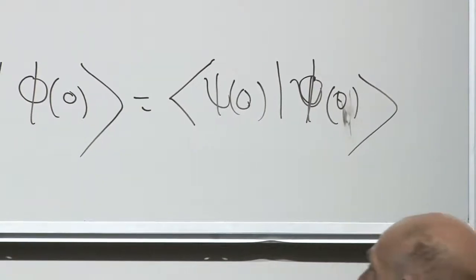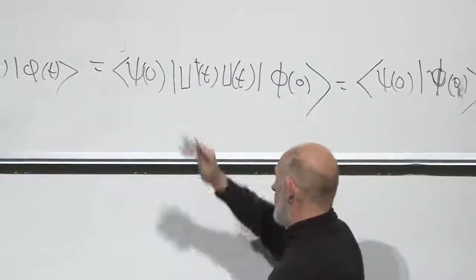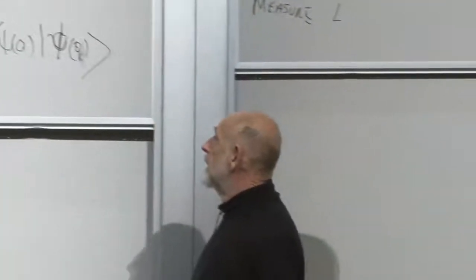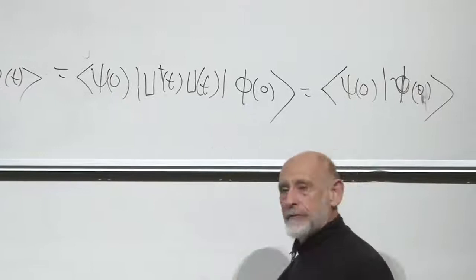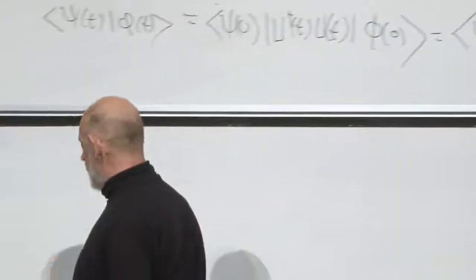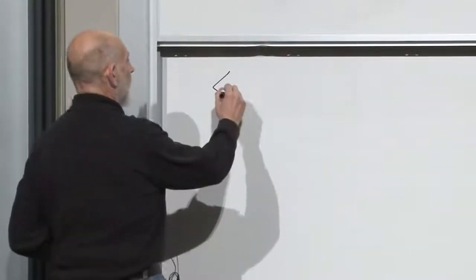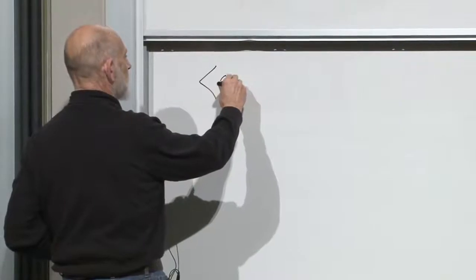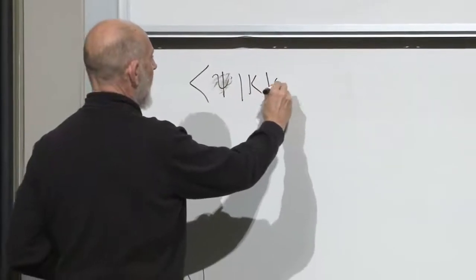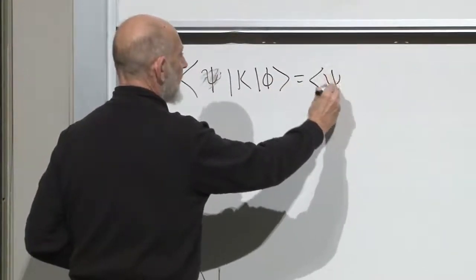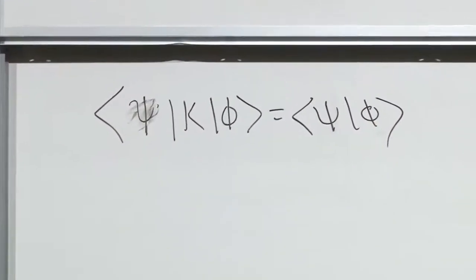If the matrix elements, as a product like this is called, satisfy this equation for any pair of vectors, in other words, I'll write the theorem in general: if you have an operator, let's call it K for U dagger U, and for any pair of vectors, psi K phi is equal to psi phi, whatever they are, it follows that K is the unit operator.